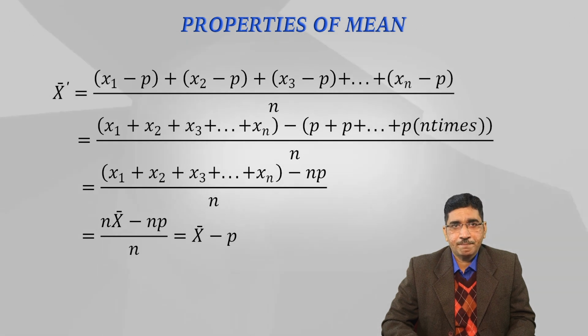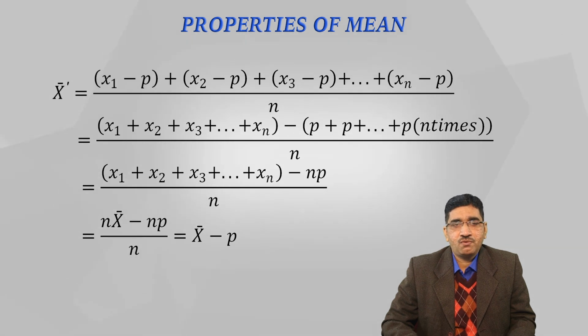In the next step, we separate all the p values, that will be subtracted n times, and the sum of all the observations in the data, x1 plus x2 plus x3 up to xn, divided by small n. So, in the next step, the sum of all the observations minus n times p will be in the numerator and small n in the denominator.